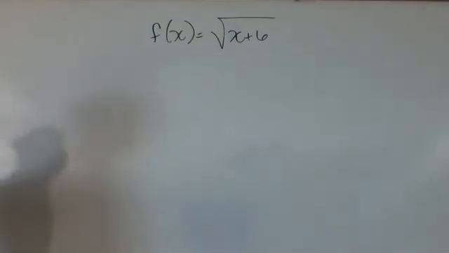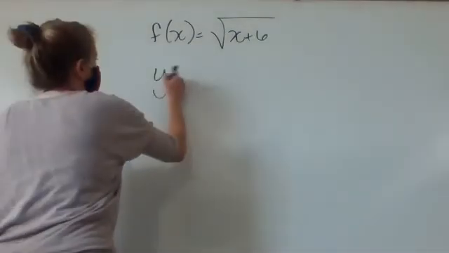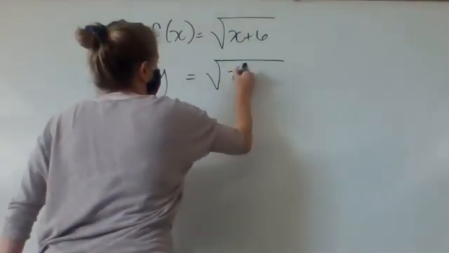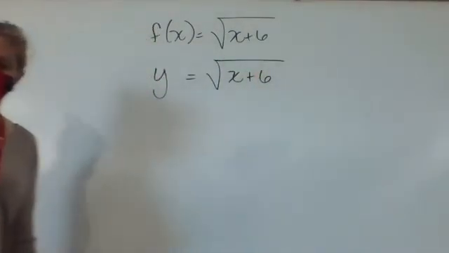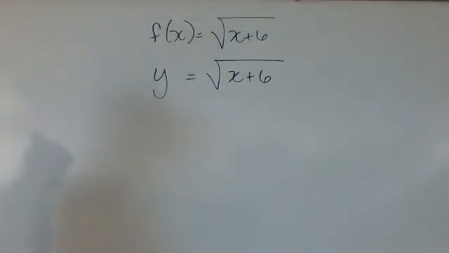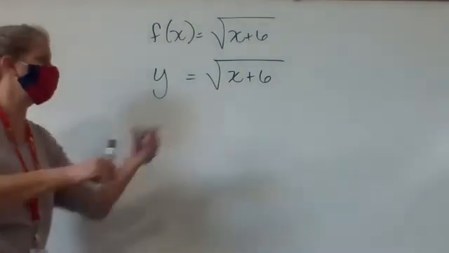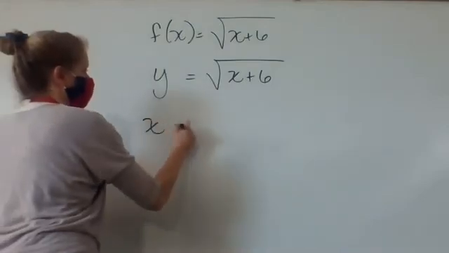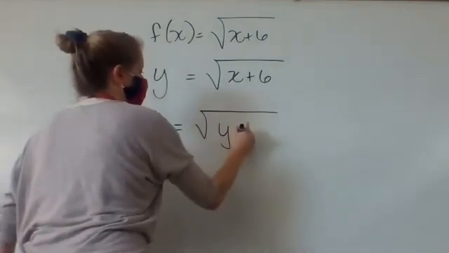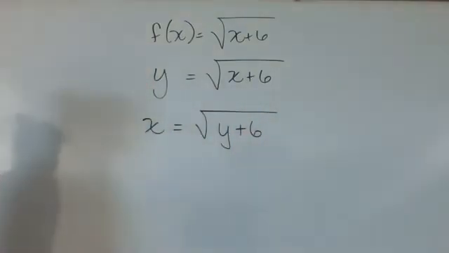So let's rewrite it. Y equals square root x plus 6. Switch the x and the y. So x equals the square root of y plus 6.